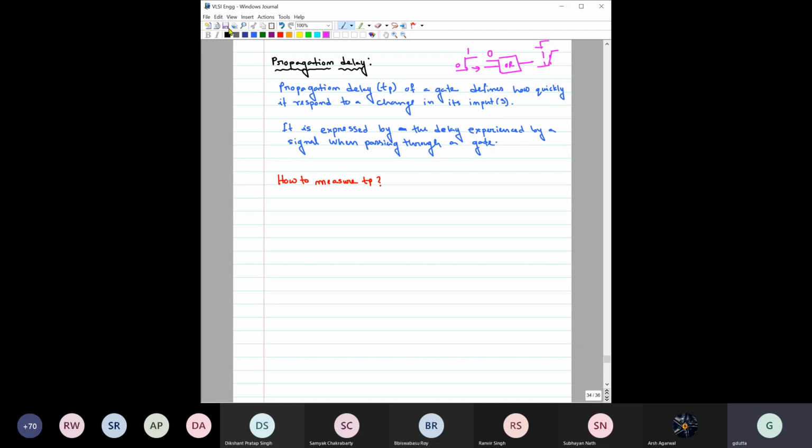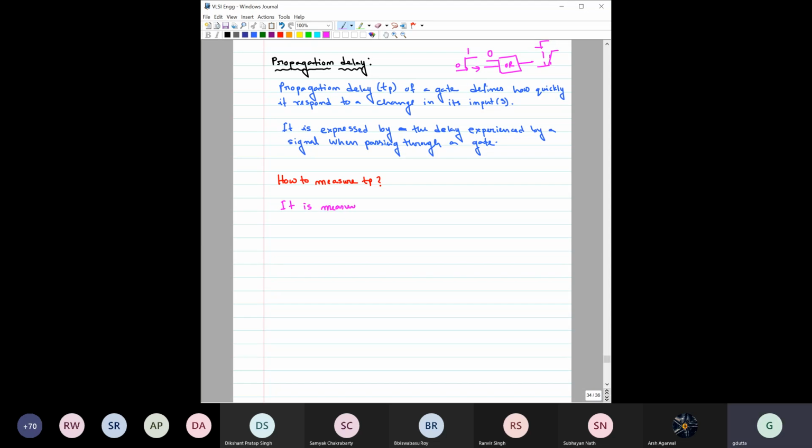Now the important question is how to measure this propagation delay. That is very important. In this context, we take the 50% transition points. This delay is measured between the 50% transition points of the input and output waveforms.